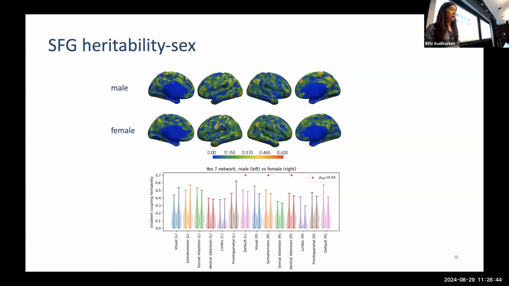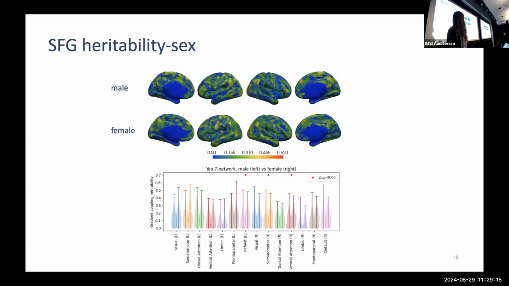And we also stratified by cognition, but I just show the sex result here, male and female. We find that across different functional systems, since they are more distinguished, in all those systems like the default mode and the ventral attention networks, their heritability for male and female is significantly different.